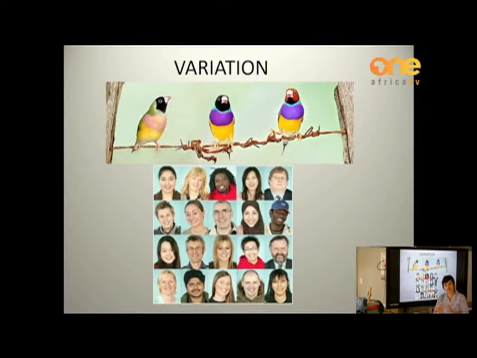They are of the same species, but we have a lot of color varieties between them. They are the same species, but there is a lot of differences between them. And then, of course, the human race. We know that there is so many variants in the humans.